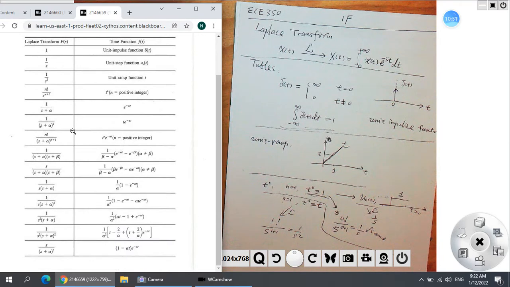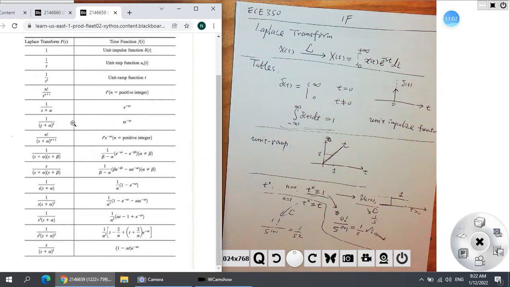And the next is t times e to the negative alpha t, with s plus alpha squared. Then we have something more general: t to the n times e to the negative alpha t, and this side is n factorial over s plus alpha to the power n plus 1. This is a generalization of the previous two terms.